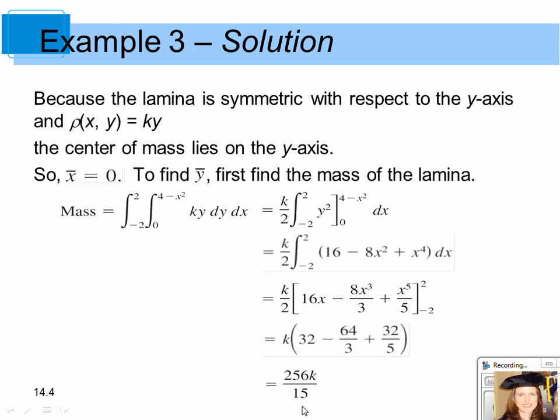To find the center of mass, we first find the mass, and now we want to find the moment about the x-axis. When we set up the integral for the moment about the x-axis, it's going to look very similar to this. The only thing we're going to do is change this part here because we want the distance from the x-axis to be included in our double integral.